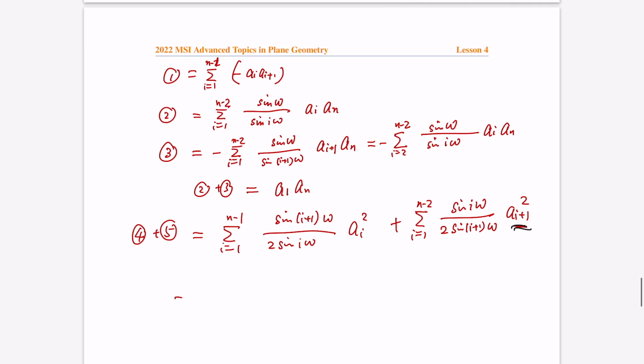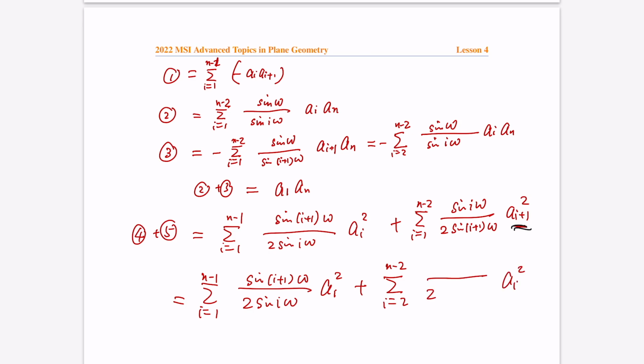So we have sigma I from 1 through n minus 1, sine I plus 1 omega, 2 sine I omega AI squared. And here, if you want to make I plus 1 to I, so then I is from 2. You make I from 2, right? Because I from 1, this is 2. If I from 2, then this is AI squared. But then this will be sine I omega because I plus 1 becomes I. So sine I omega becomes I minus 1 omega.